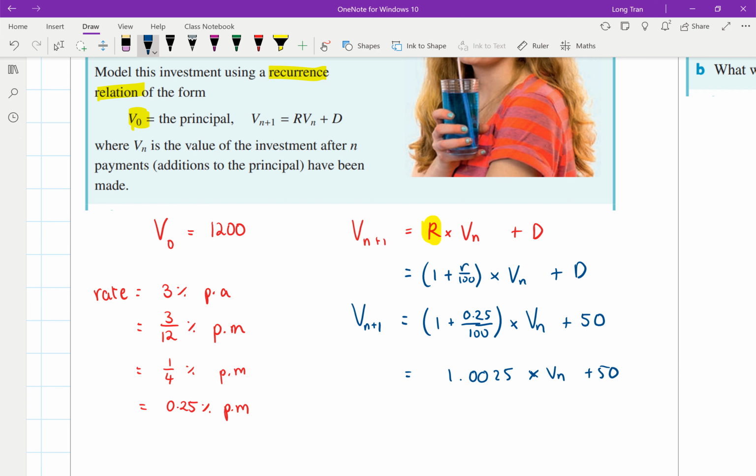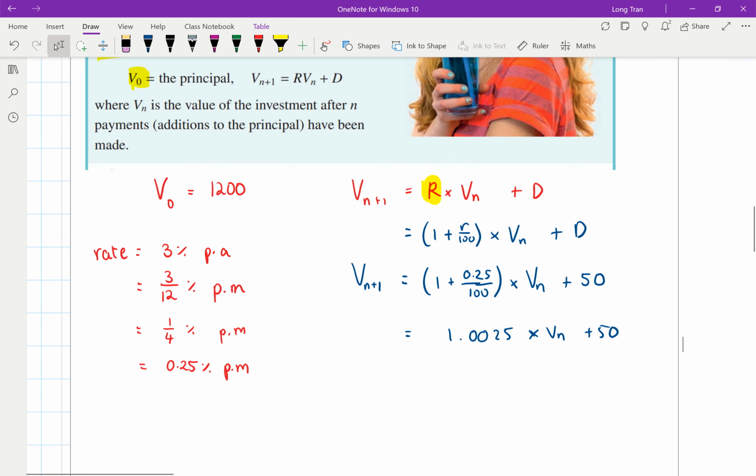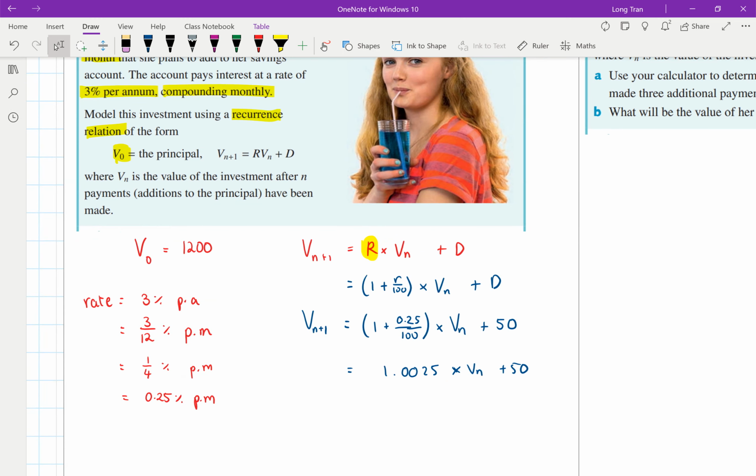That's what our recurrence modeling would look like, and essentially what we're saying is that every month this is the extra interest. Remember, 1 represents the 100% of itself, and then adding on an additional interest, which we knew was 3% per annum, but really every month they're getting 0.25%. So that's why it's 1 plus 0.25% means out of 100. And that's where you get the 1.0025 multiplied to Vn and then plus 50.